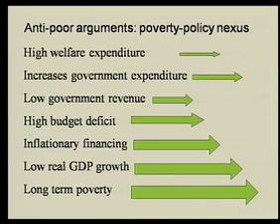When there's inflation, you cannot buy goods and services. And when you cannot buy goods and services, your real GDP falls. And when your real GDP falls, you have long-term poverty. And this is the kind of cycle of anti-poor policies as explained particularly by the IMF and the World Bank.